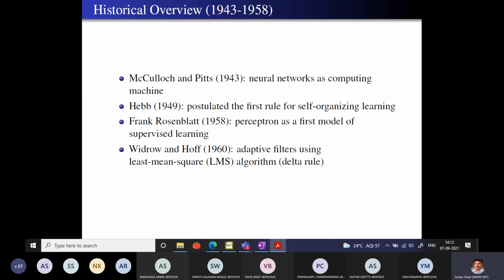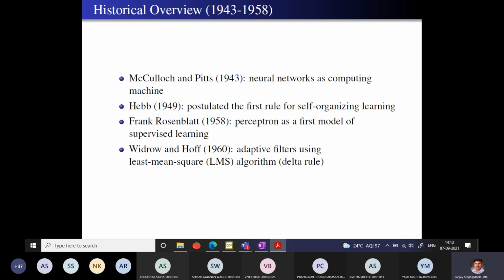Then around 1969, two people, Marvin Minsky from MIT and Papert, came out with a book in which they investigated a lot about what the perceptron cannot do, and found its limitations. These were people at the peak of their careers.